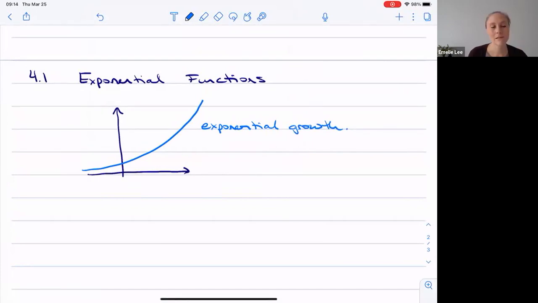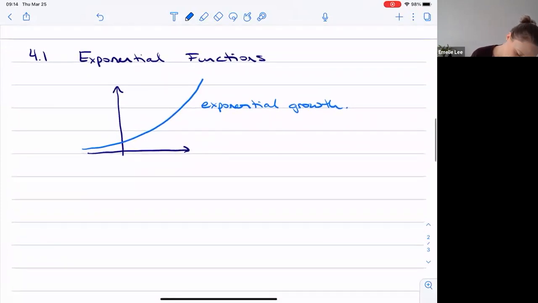Okay. So exponential functions are functions that have the form a to the power of x. So you've got some base a and then you've got a power of x. So now the x value is in the power. So here's your x-axis, here's your y-axis.